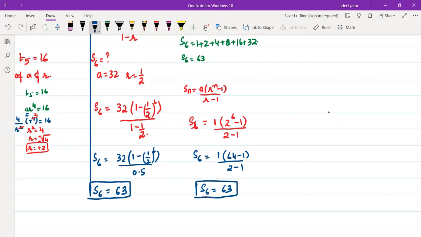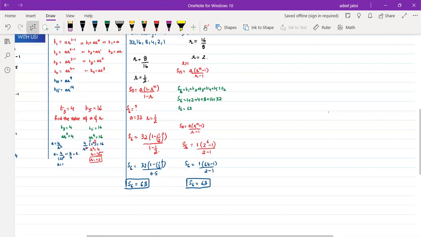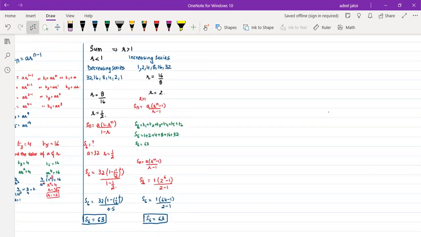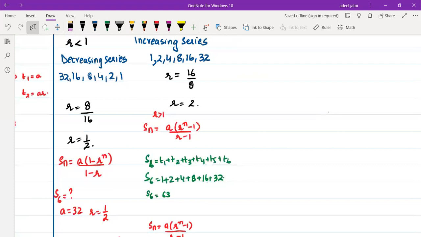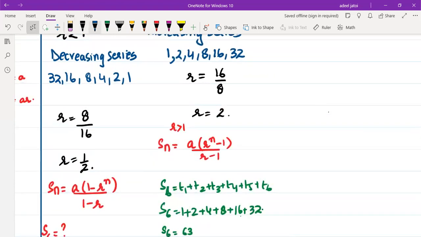In this case, now you need to understand the concept behind this. How many terms we had? 32, 16, 8, 4, 2, 1. We had 6 terms in the decreasing series.